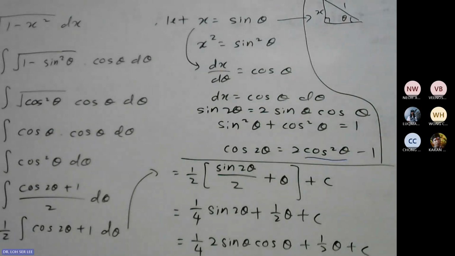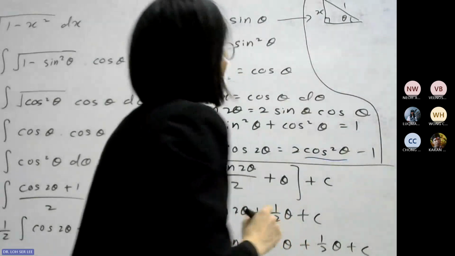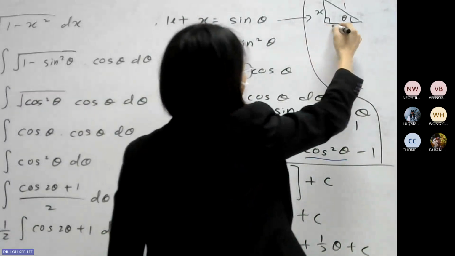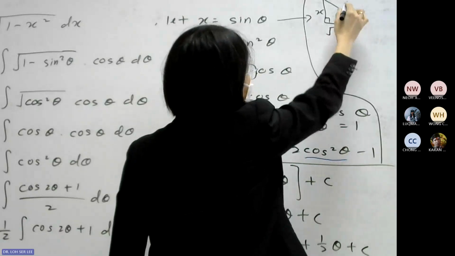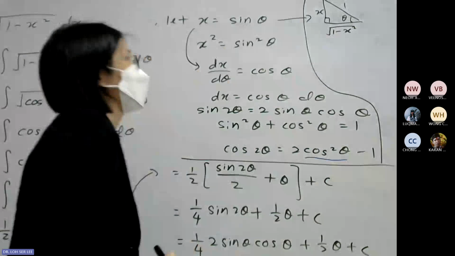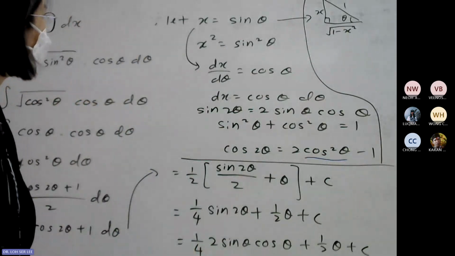So what is your cos? This one will be square root of 1 minus x squared.